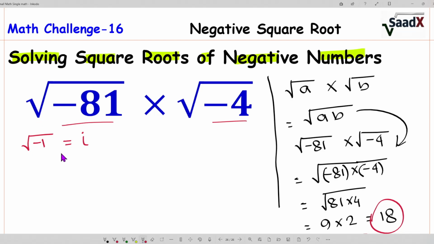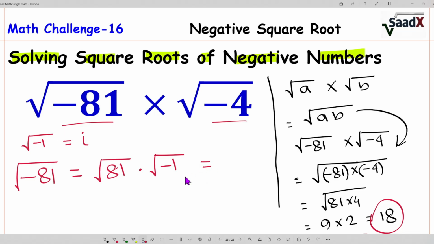So recall that i equals root of minus 1. Therefore root of negative 81, we can write as root 81 times root minus 1, so this one is 9 and this one is i.